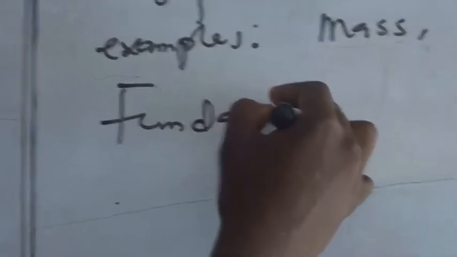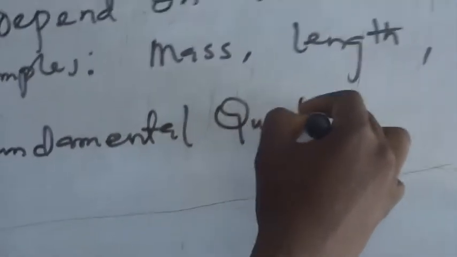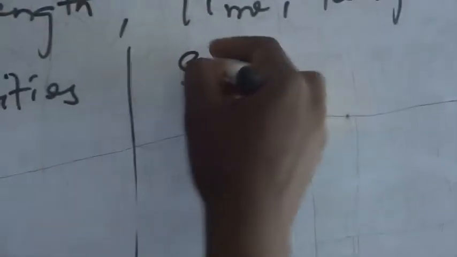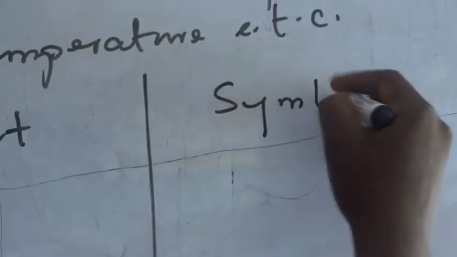Now we are going to be looking at the independent quantities in tabular form. We are going to be looking at their SI units, and their symbols for representation when you are calculating.